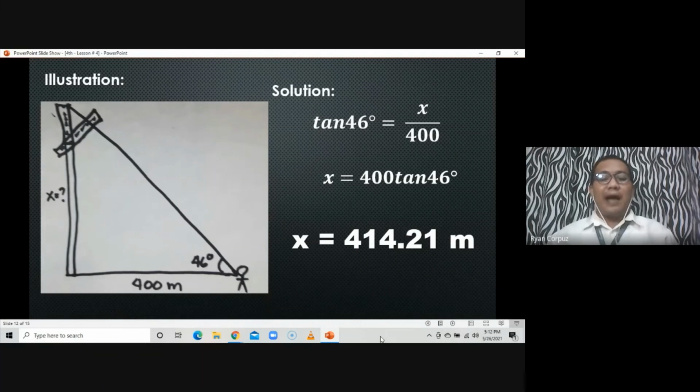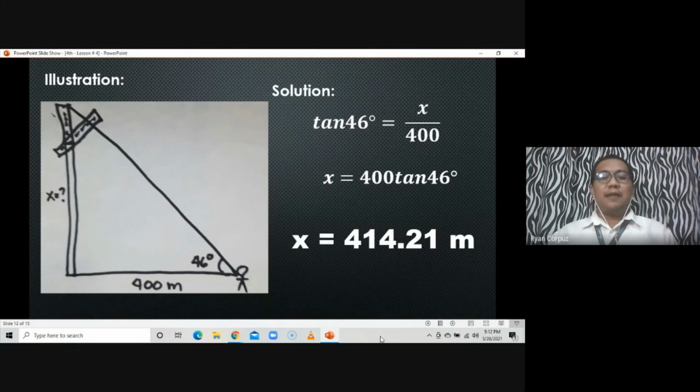So the height of the radio tower is 414.21. Again, it is not exact, so the answer we get is in decimals, and we round it to 2 decimal places. That's why we come up with 414.21 meters. Meters is because the unit of measurement involved is in terms of meters.